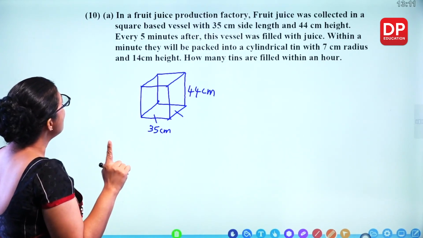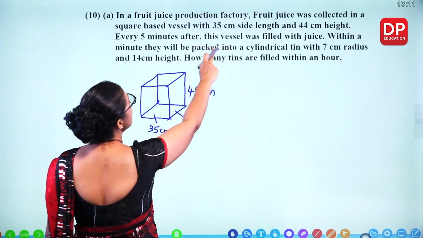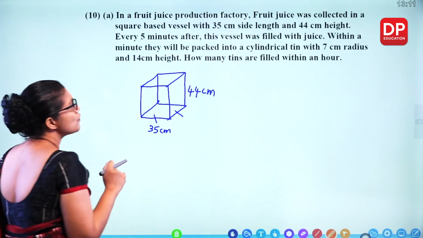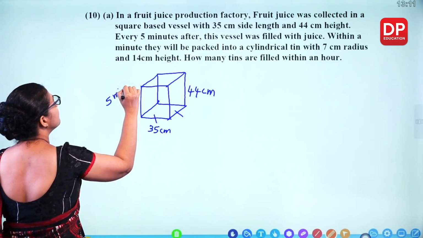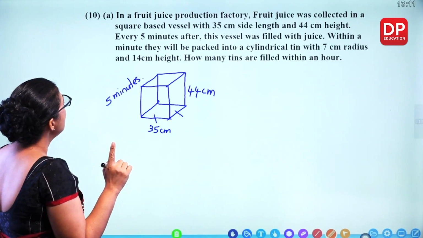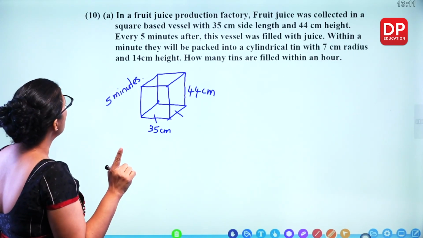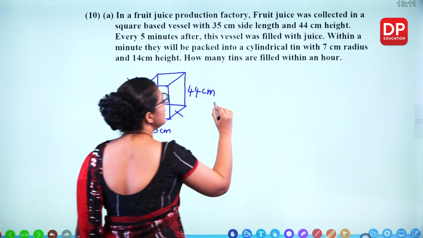So within 5 minutes, this vessel was filled with juice. So this is for 5 minutes. Then it says within a minute they will be packed into cylindrical tins.